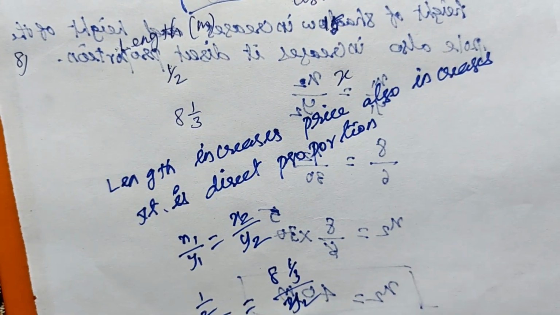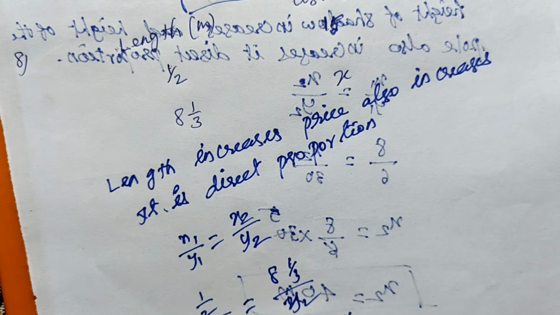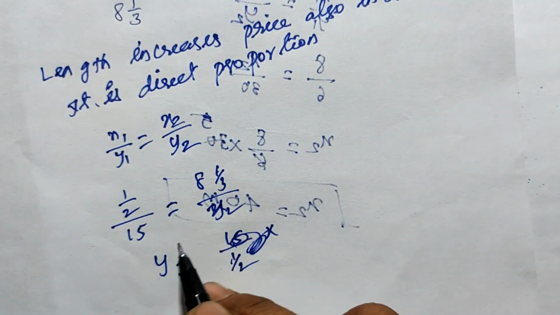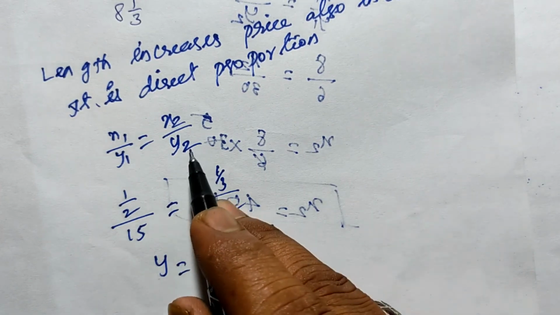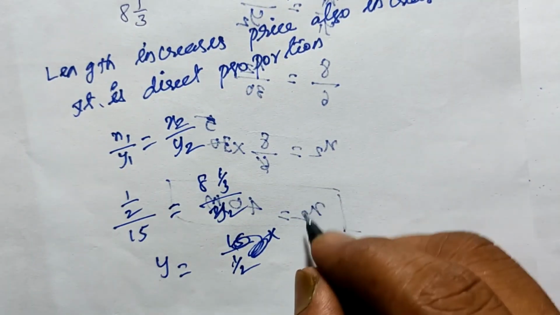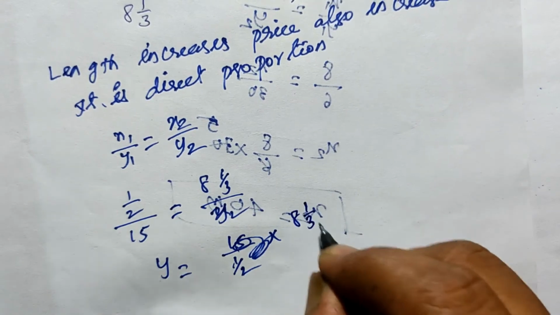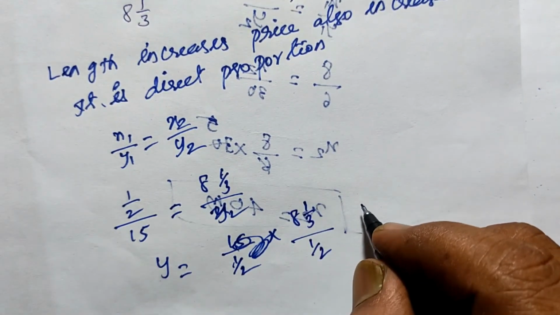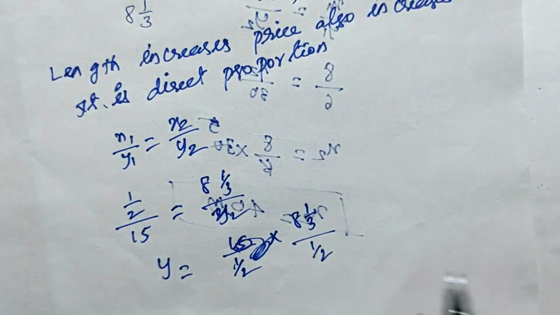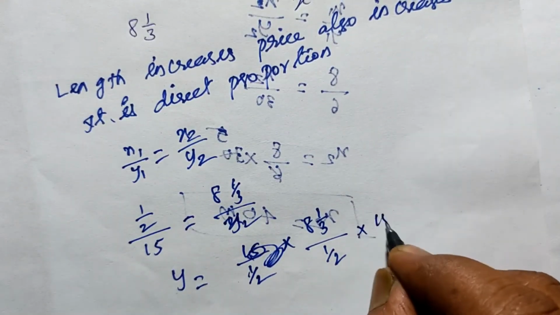15 divided by half into 8 1/3. Right. So y2 equal to what is that? 8 1/3 divided by 1/2 into 15.